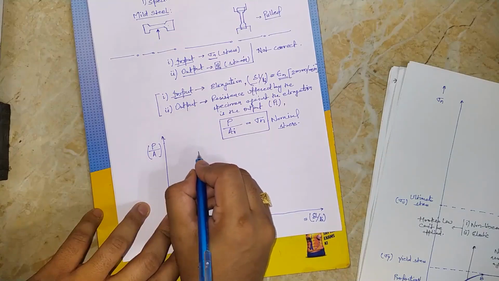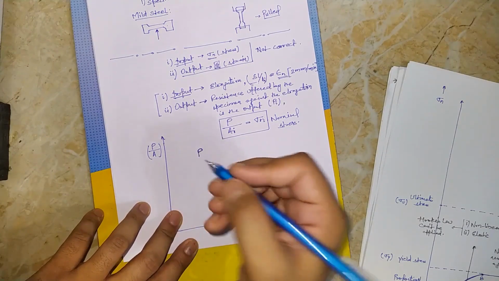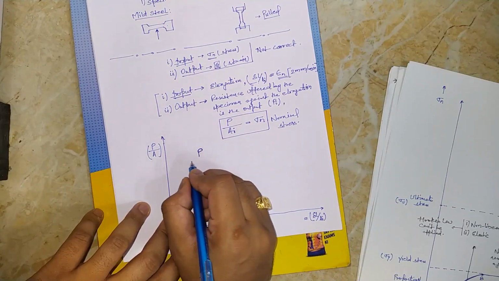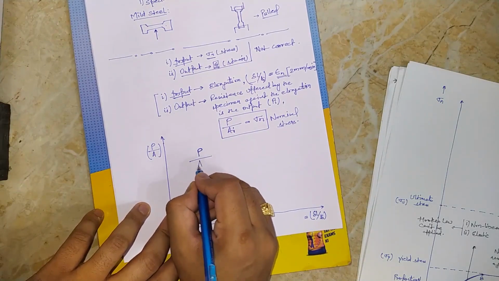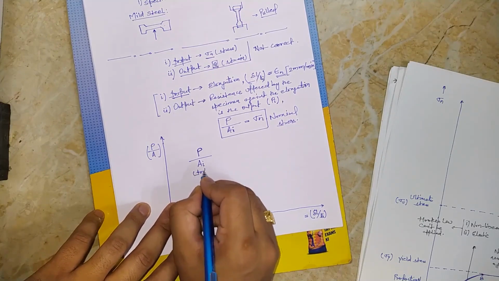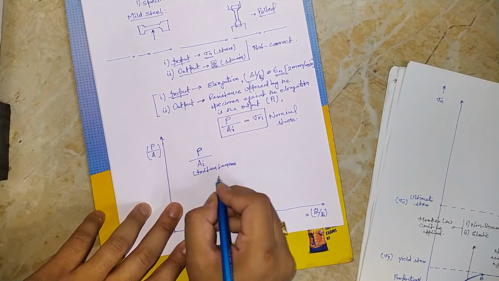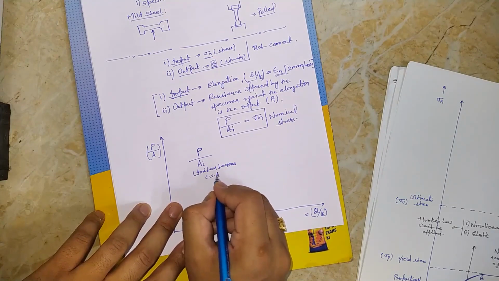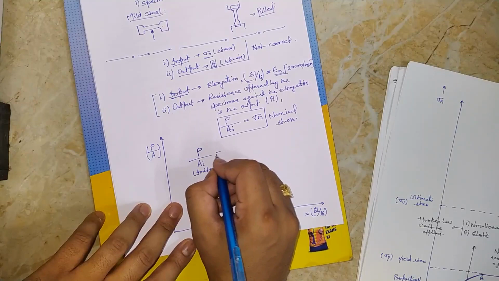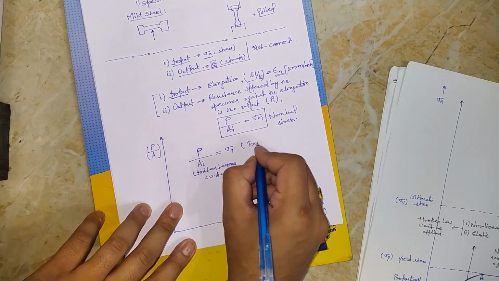Now, if we divide the resistance offered against elongation by the specimen by the instantaneous cross-section area, we get true stress.